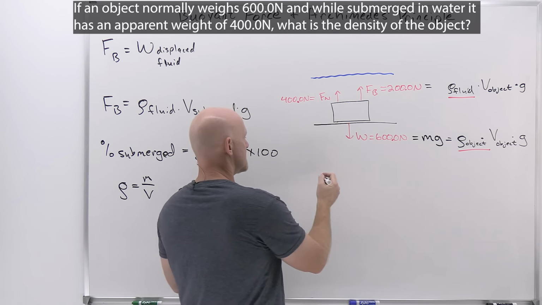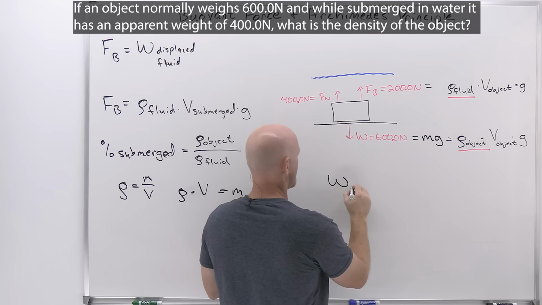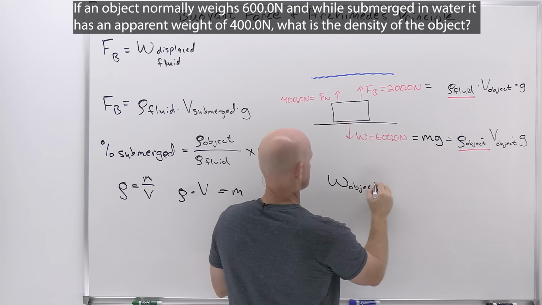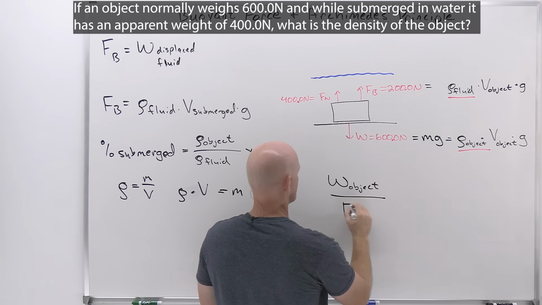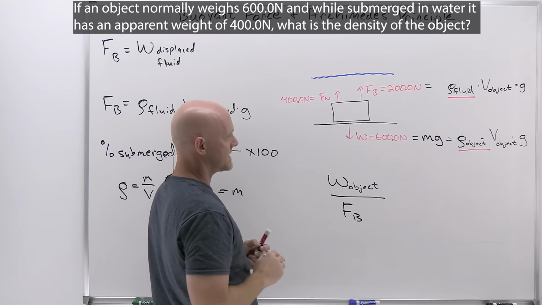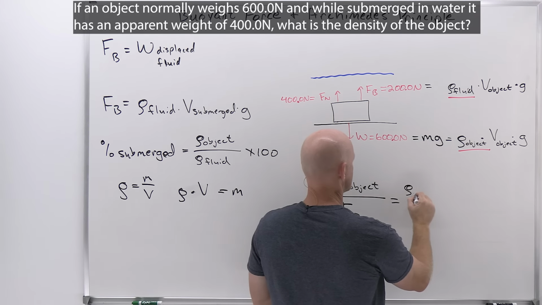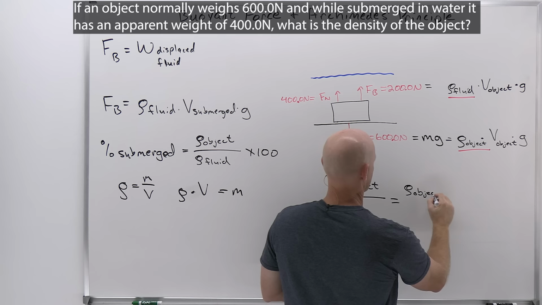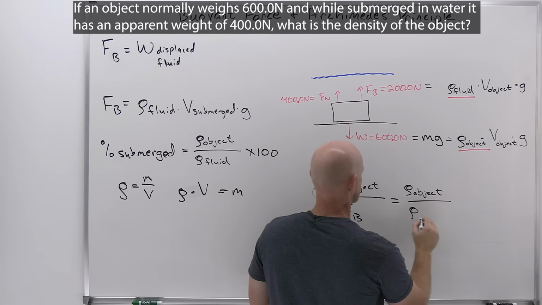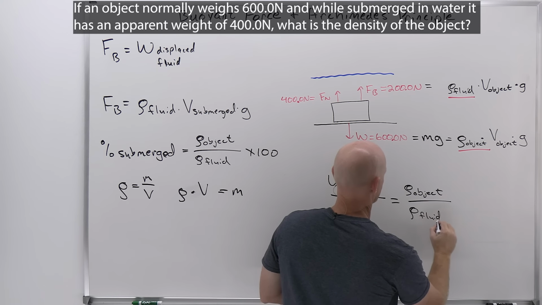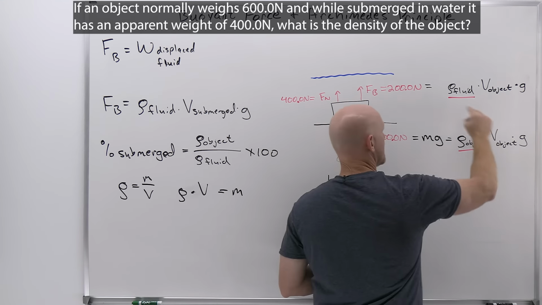The thing I want you to see here is that if you take the weight of the object relative to the buoyant force, ultimately you're just going to get the density of the object relative to the density of the fluid. It's just this one over this one.